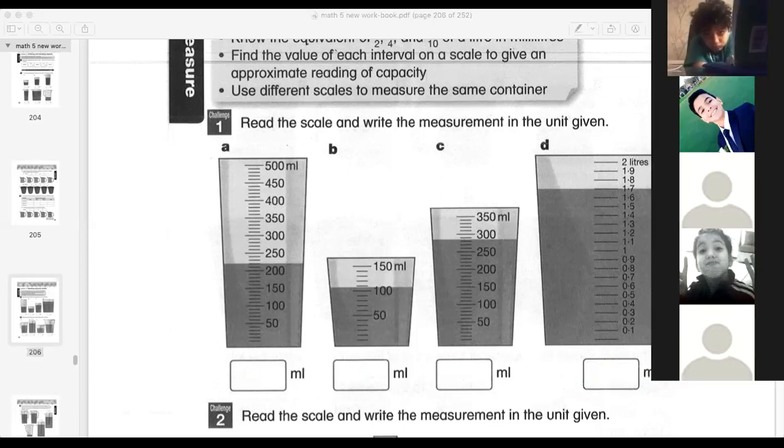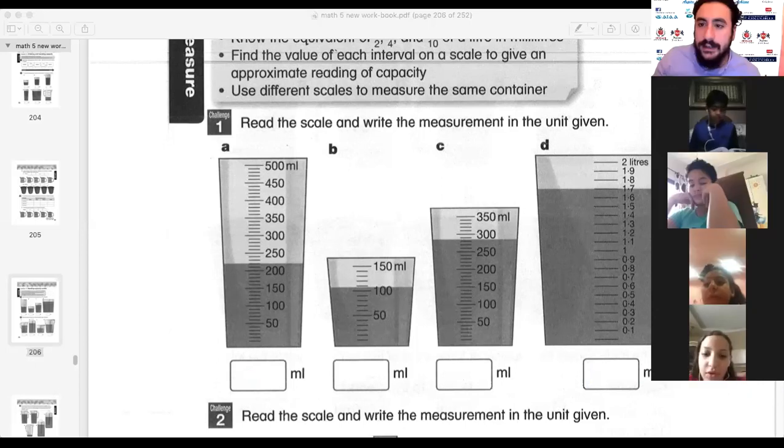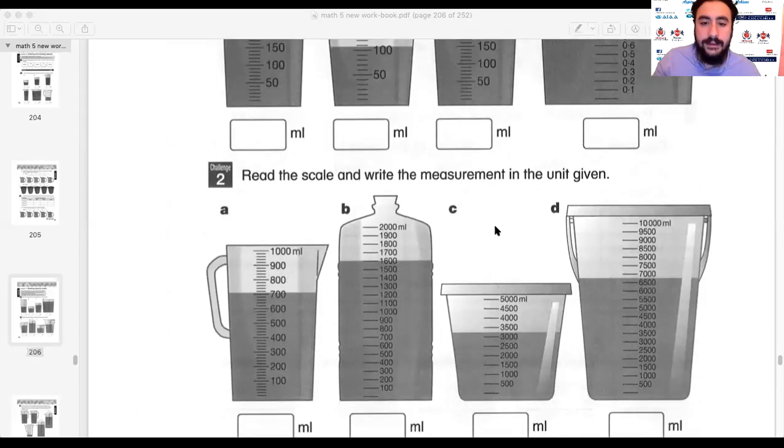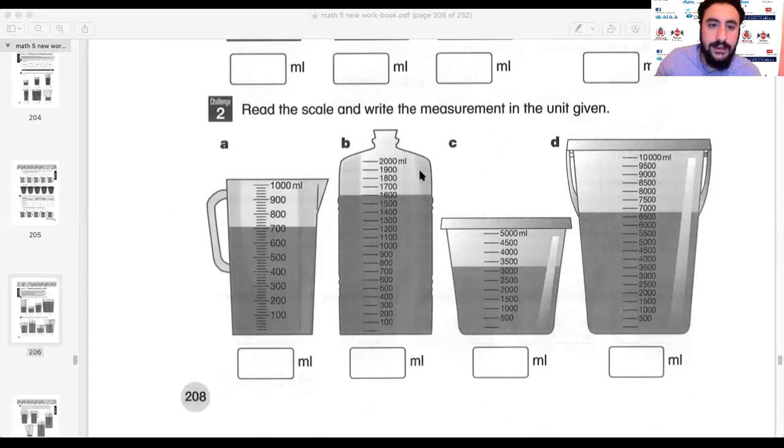Okay, next one is going to be Hala. Let me read the chat and then we are going to go back for this. Okay, Hala, you're going to answer challenge number 2.